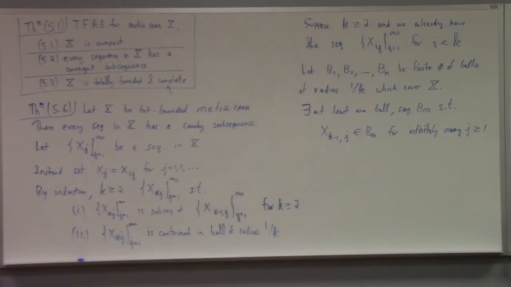All right. He says, now let x_k1 be the first of the x_(k minus 1)j's that belongs to Bm.